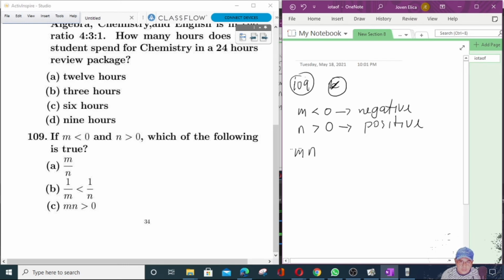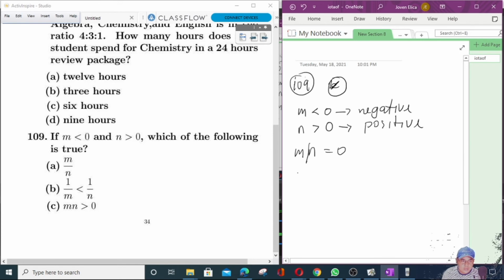Letter A: if m over n is equal to 0, this should be equal to 0. If m is negative in the original condition, and n is 0, m is not equal to 0, so this is not a possible answer because it does not conform with the given original condition.